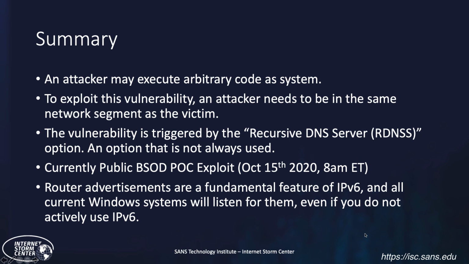And then, of course, there's a bunch of other options that an attacker may have. It's triggered by router advertisements, but specifically by a feature in router advertisements that includes recursive name servers that a host may use on that particular network.